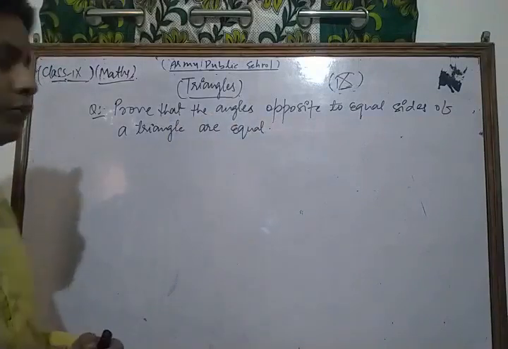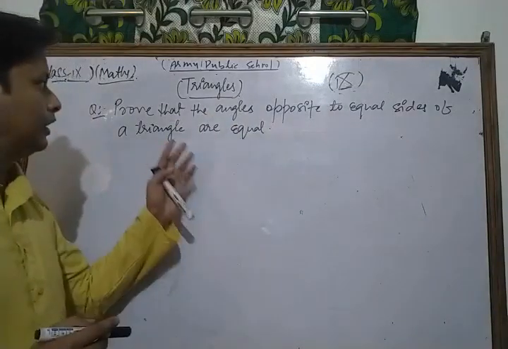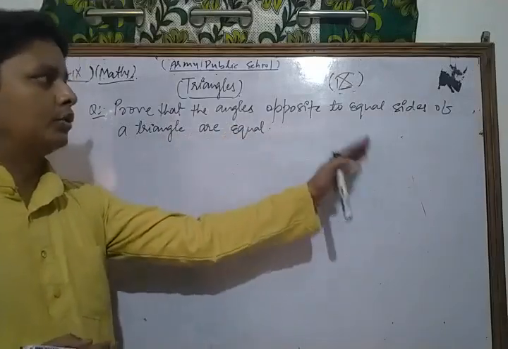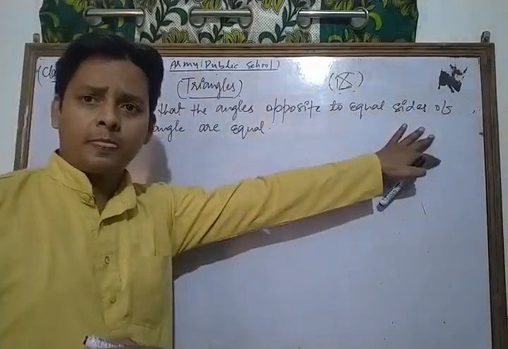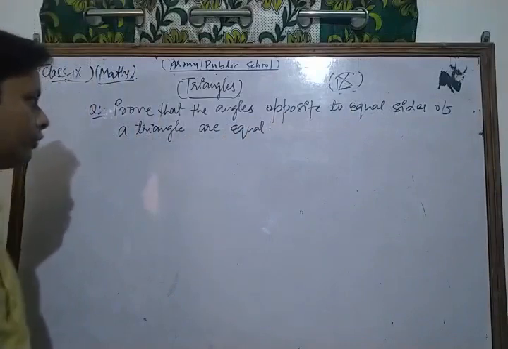So we have to show that the angles opposite to equal sides of a triangle are equal.